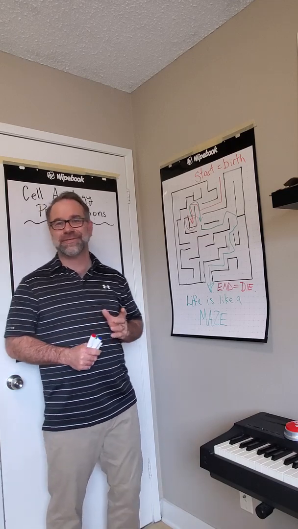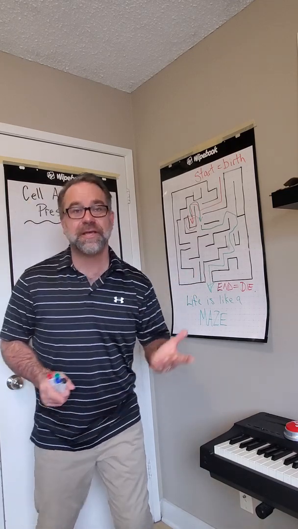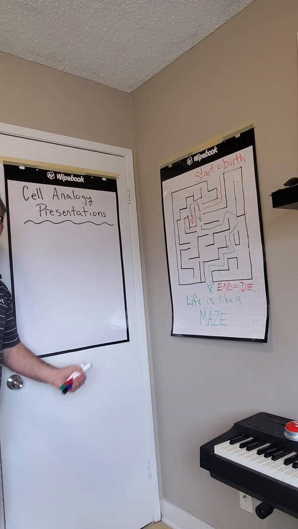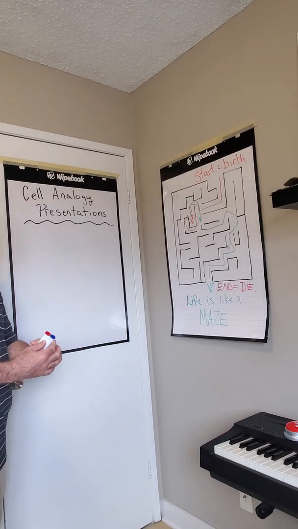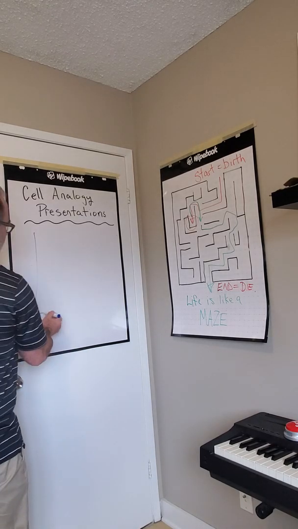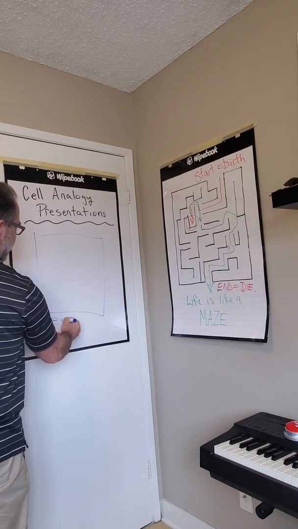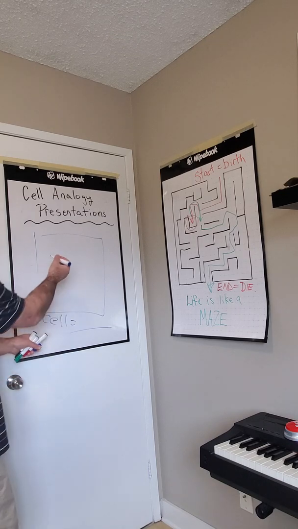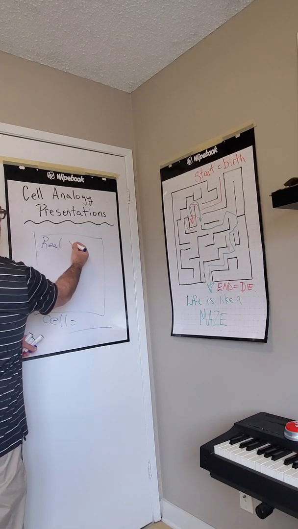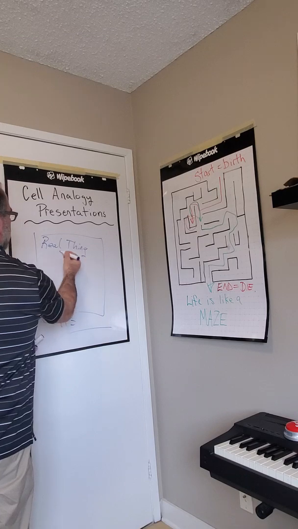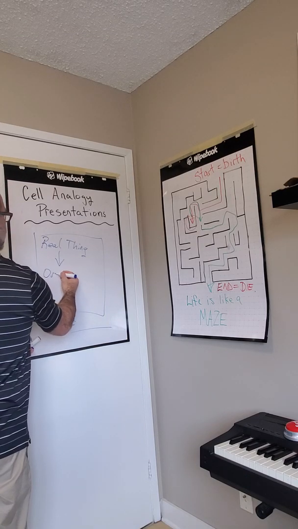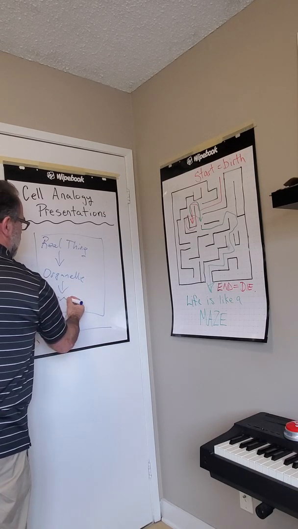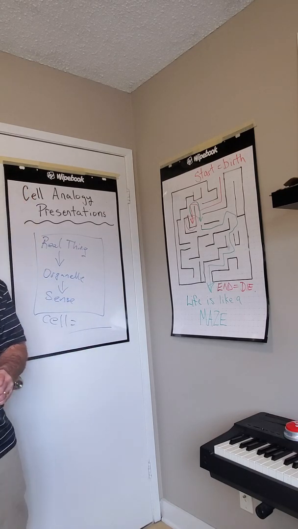Now, what does that have to do with a human cell? Nothing. But the idea is I want you to come up with one analogy for a cell, and everything in your analogy has to somehow fit what you think a cell is like. So there's going to be a real thing, and there's going to be something that compares to the actual organelle, and both of them should make sense.